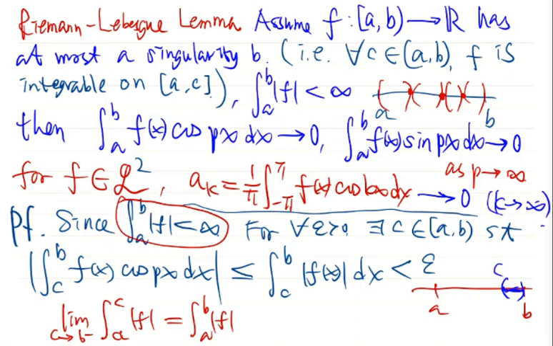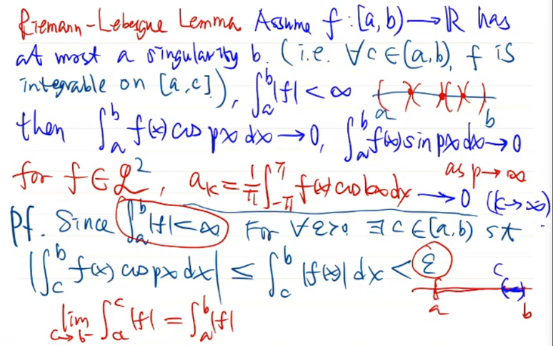It can be less than the prescribed small positive number epsilon. So first we take c. Having taken this c and estimated the integral over the interval [c, b], we can focus on [a, c].